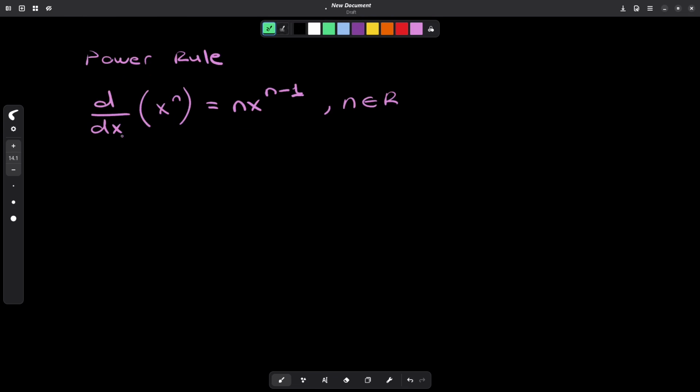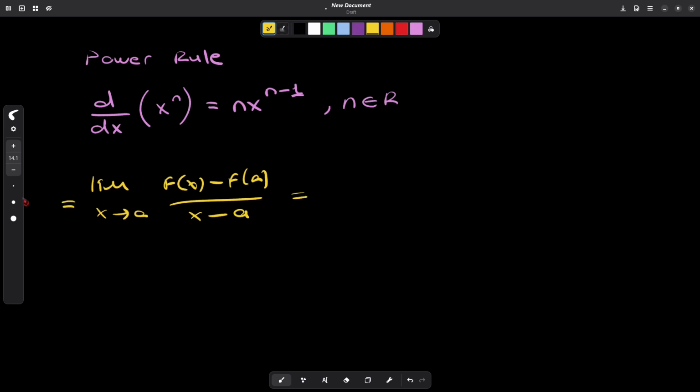Our rule: the derivative of x to the nth power is equal to n times x to the power of n minus 1, where n is a real number. We want to show this, right? First of all, let's write this as the limit of f(x) minus f(a) over x minus a as x approaches a.